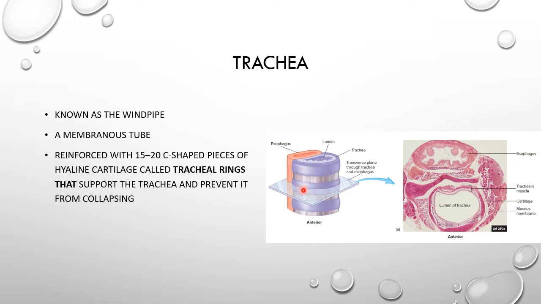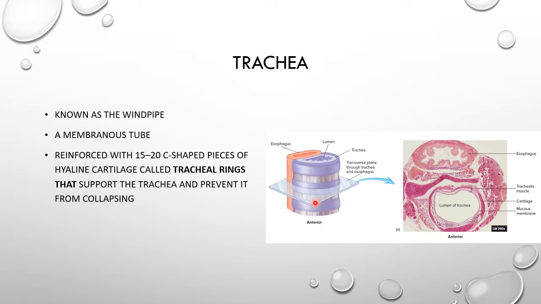So, this is a membranous tube. It is reinforced with 15 to 20 C-shaped pieces of hyaline cartilage. So, yung cartilage niya, C-shape. Okay? Yung sa likod nito, wala nang cartilage. So, sa harap lang siya, no? The C-shaped cartilage is only in the anterior portion.